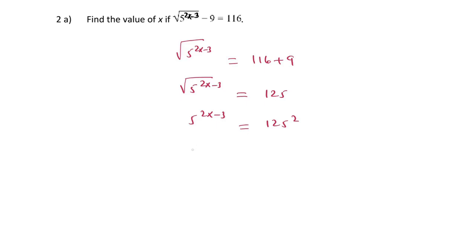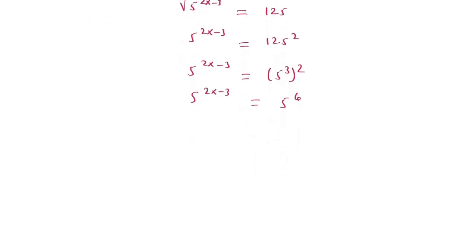Then our equation is going to be 5 power 2x minus 3 equals, in brackets, 5 power 3 squared. Now let us compute the exponents. Then our equation is going to be 5 power 2x minus 3 equals 5 power 6. Next we are going to equate the exponents because their bases are the same.